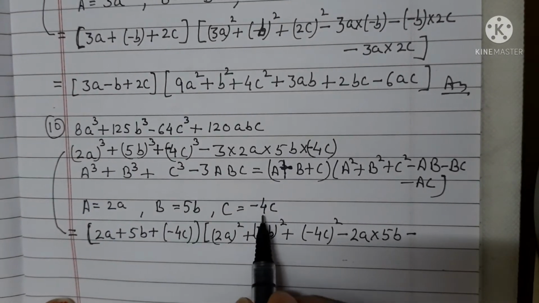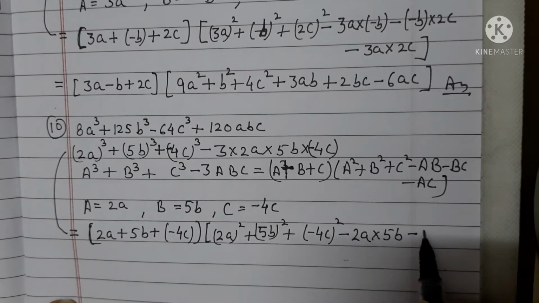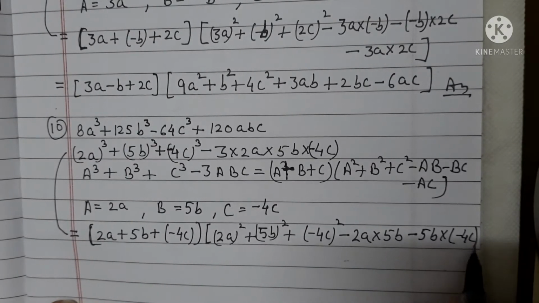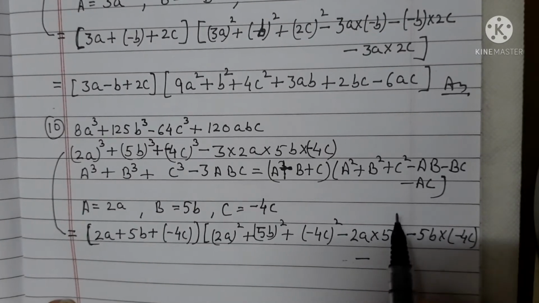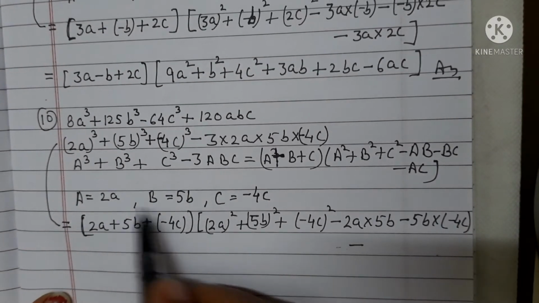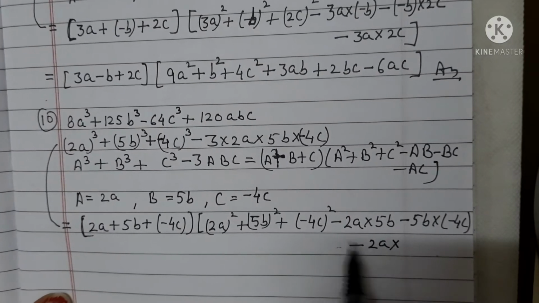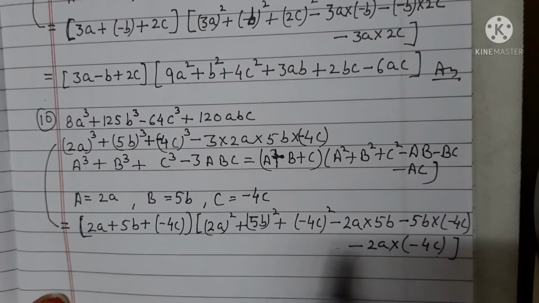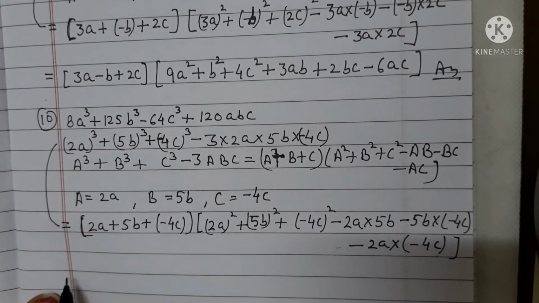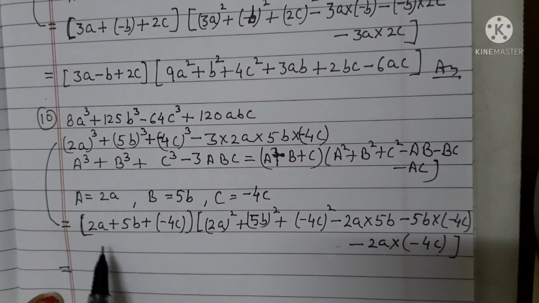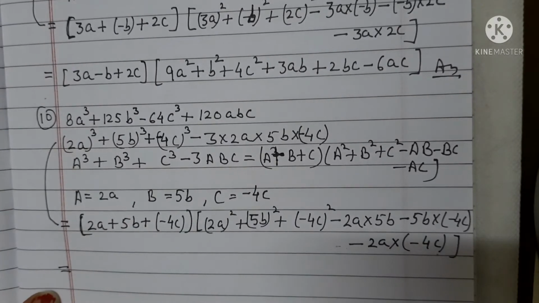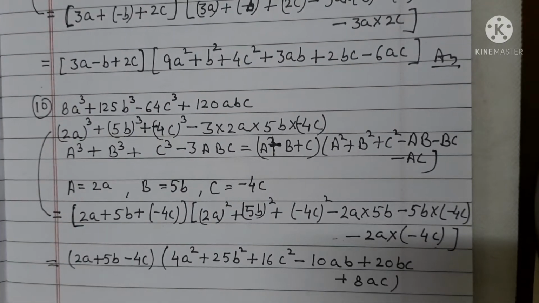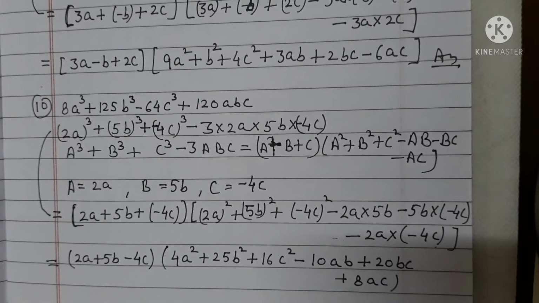Here b is 5b, c is minus 4c, so 5b into minus 4c, minus ac. a is 2a and c is minus 4c. Now solve it and get the answer, which is the factors of the given expression. So you can match the answer.